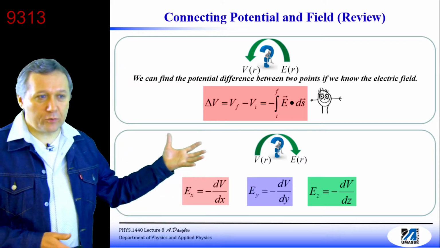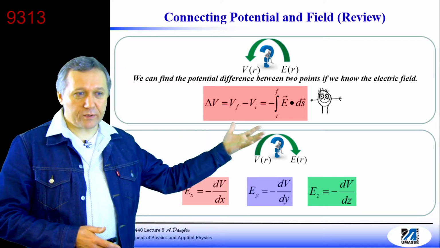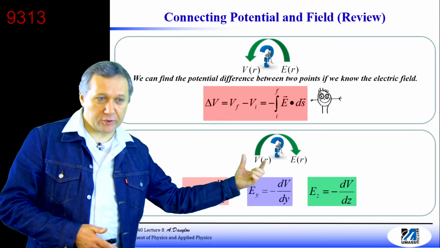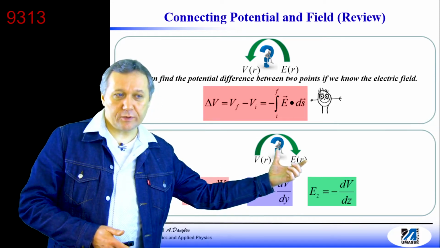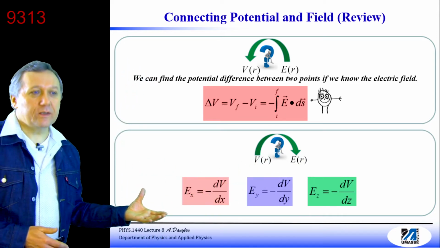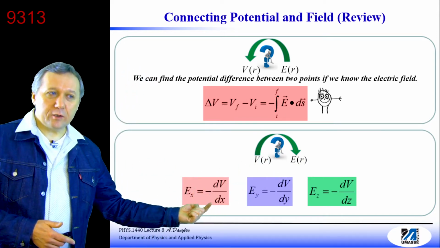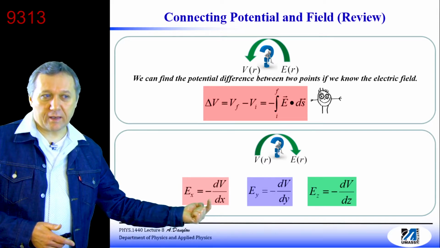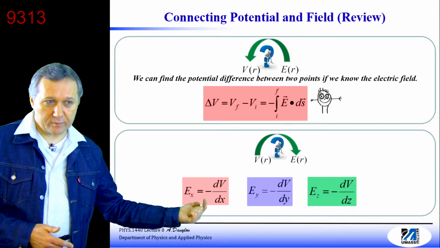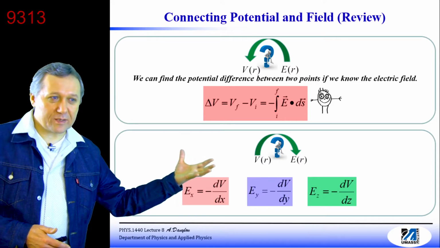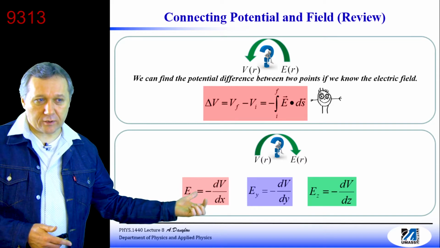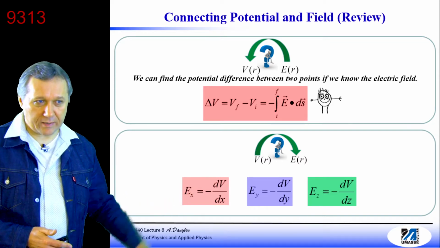Then, if we wanted to move backward in the opposite direction, so if we wanted to move from the electric potential scalar quantity to the electric field vector quantity, we had to just look at the slope of the curve V versus X and add minus, so negative slope. Or from the mathematical point of view, we can say that we have to just take a derivative and don't forget the minus, right?